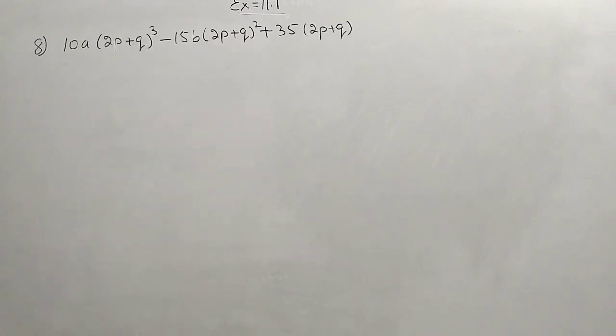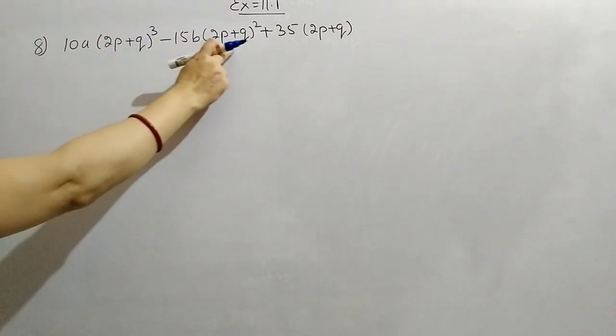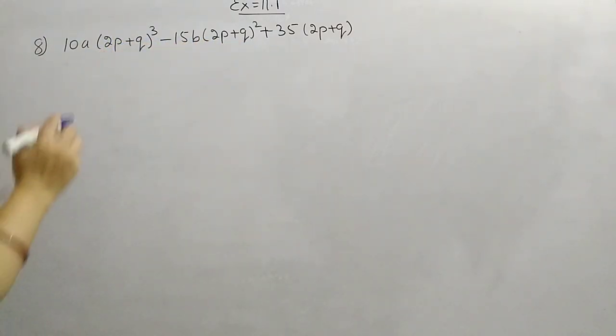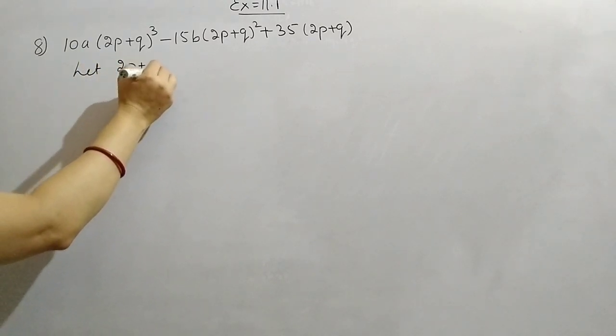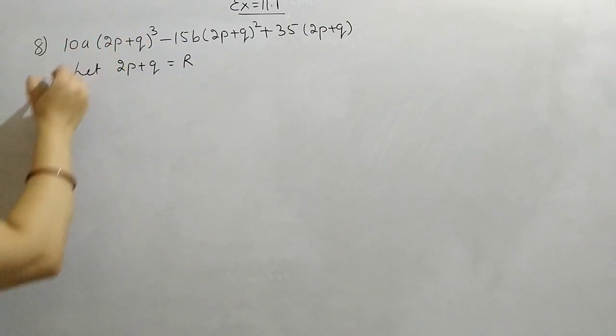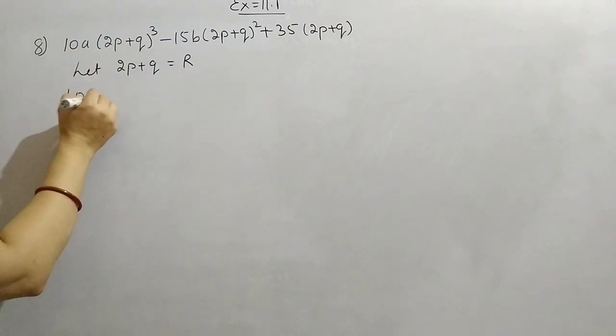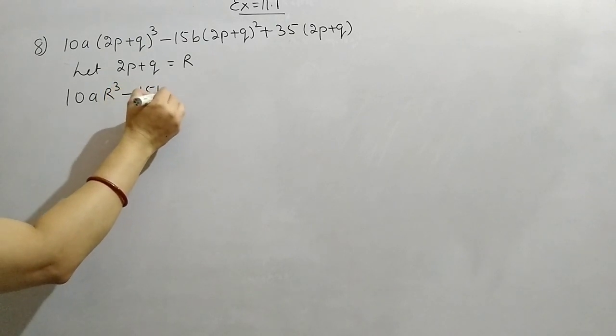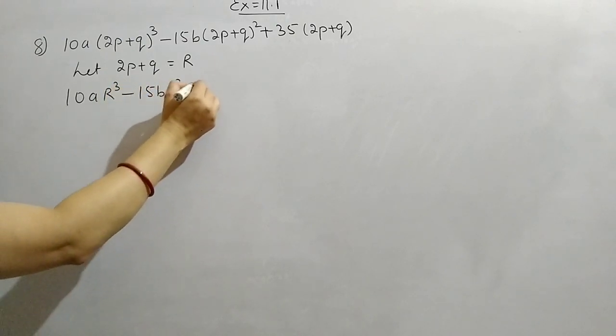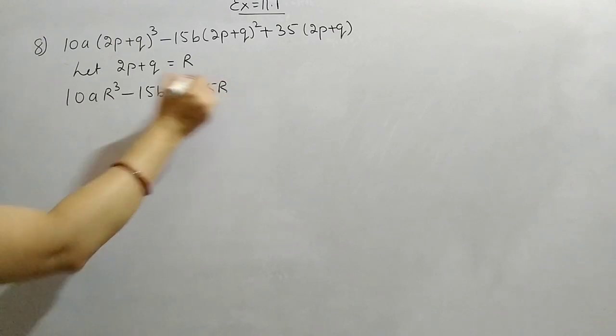Next, question number 8: 10a(2p plus q) whole cube minus 15b(2p plus q) whole square plus 35(2p plus q). So here this 2p plus q is there in all three terms. So let 2p plus q be equal to r. Then this expression will reduce to 10ar cube minus 15br square plus 35r.